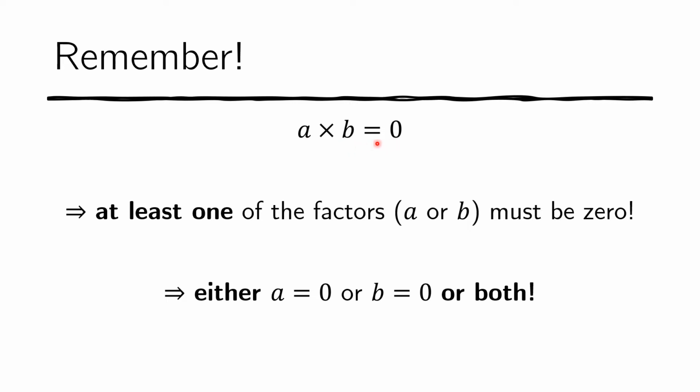However, if none of these two is 0, then we can never get 0 here. And so we say that at least one of the factors a or b must be 0. And we write it this way: a equals 0 or b equals 0, or both could be 0.